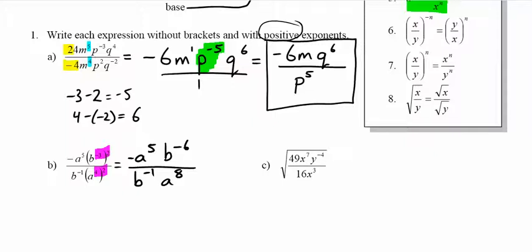And now you can use the quotient law and subtract the exponents of any powers that have the same base. So 5 minus 8 is -3. And -6 minus -1 is -5. And this negative sign here just means that we're multiplying everything by -1.